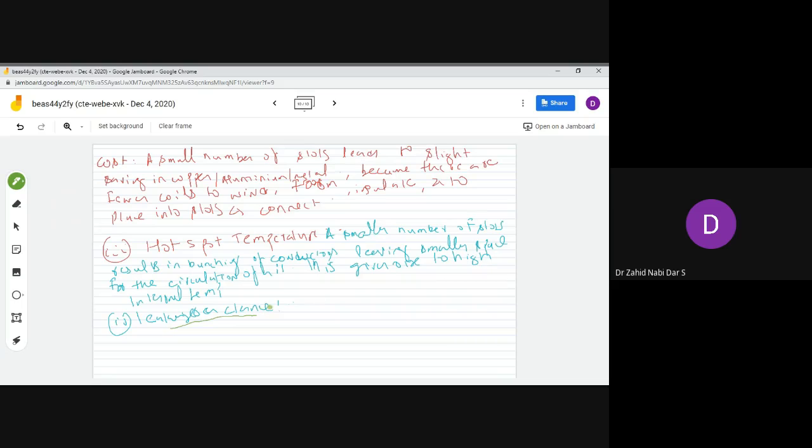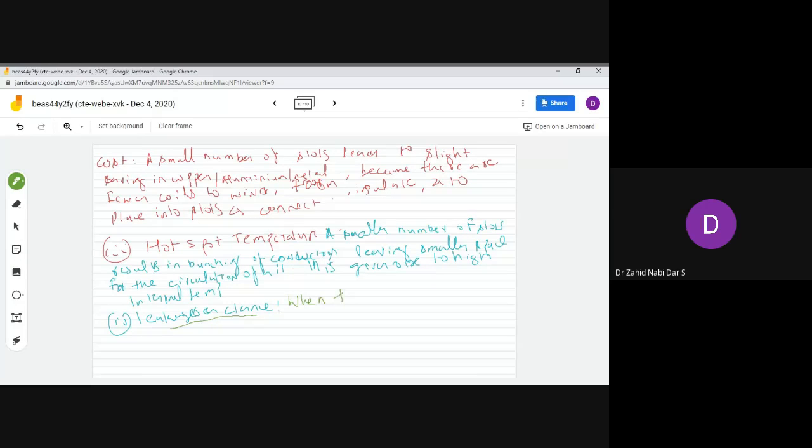It also affects the selection of the number of slots. You have to see whether you are bunching the slots, whether you are taking the optimum slot. So this is another parameter.